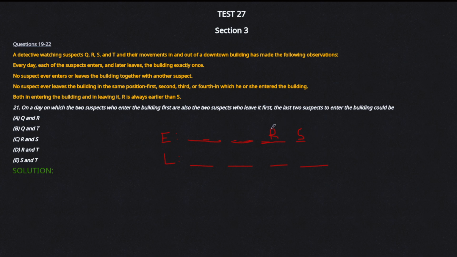They're the last two to enter and the last two to leave. So here the positions will be interchanged as well. R has to go at number 4, and S has to come at number 3. But by that logic, we're violating the last condition again. So this is not possible. That is, R and S cannot be next to each other by any means. So I think that's understandable.